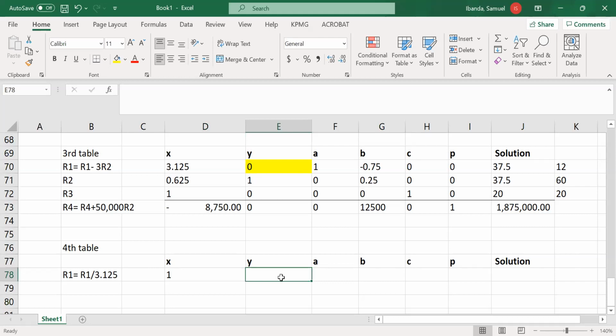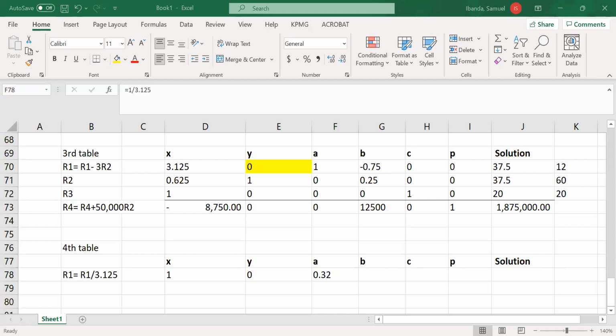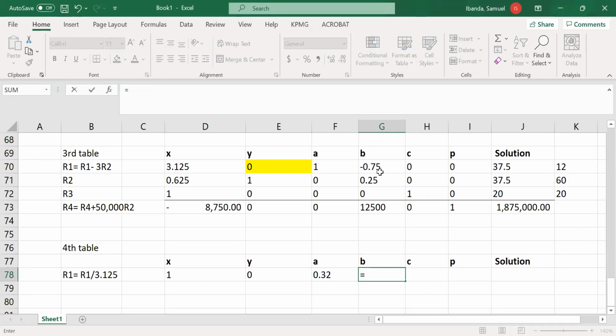Now this one is 0 divided by 3.125 gives me a 0. This will be 1 divided by 3.125, which gives us 0.32. And then this one, negative 0.75 divided by 3.125 gives me negative 0.24.